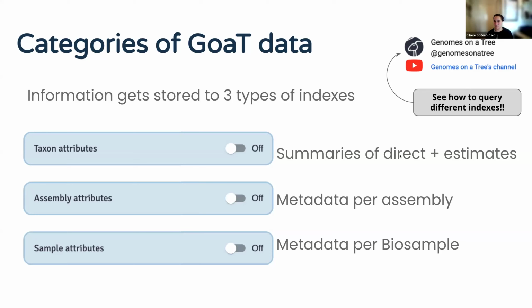They have the direct and estimate values. But then the index of assembly is actually one entry per assembly accession. So you'll get all of the metadata that is linked to that accession. And you can create reports and do the queries the same way that you do for taxon, but now the focus is assembly. And then for samples, this is still in progress, but it would be all of the metadata that is linked to a biosample on NCBI and SDC.